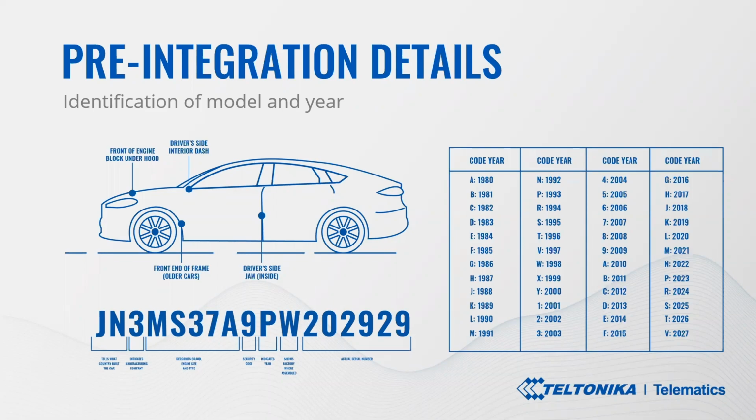If position 7 of the VIN number is numerical, it refers to a manufacture year between 1980 and 2009. If position 7 is an alphabetical character, it means that the manufacture year should be between 2010 and 2039.